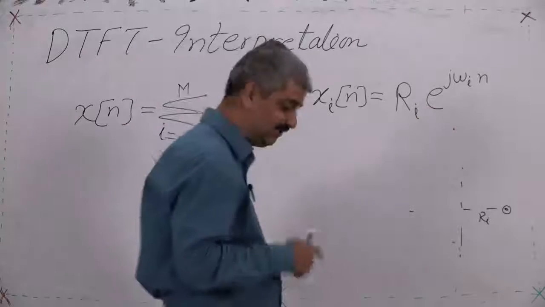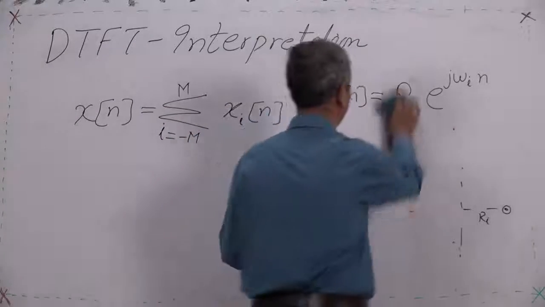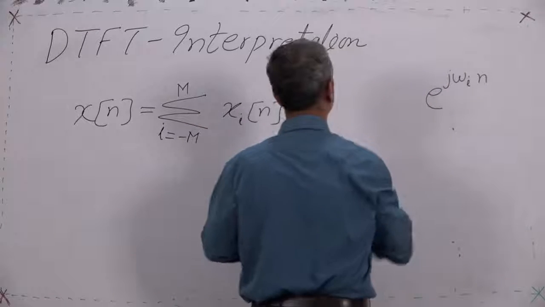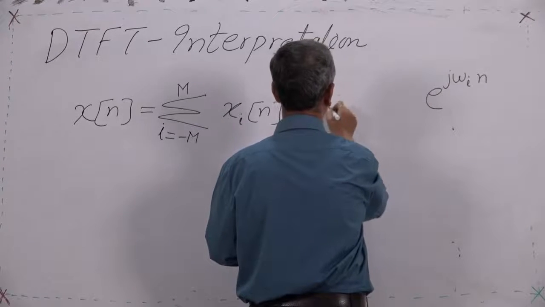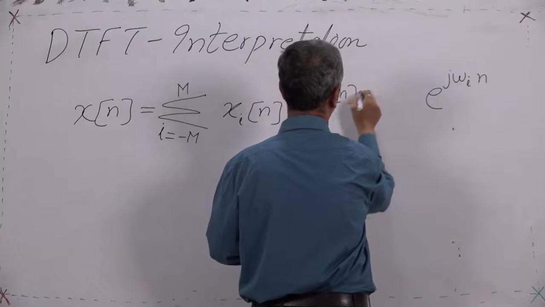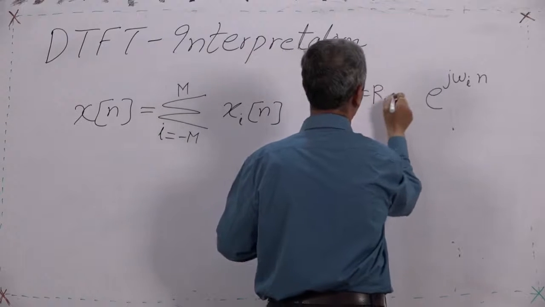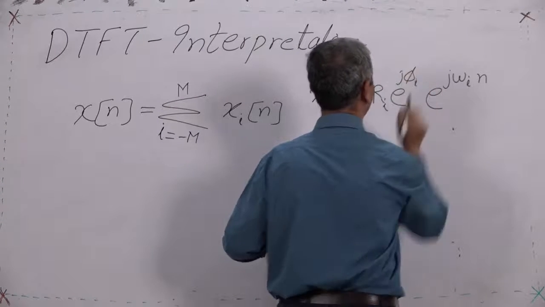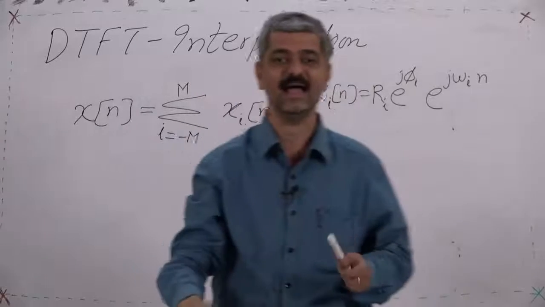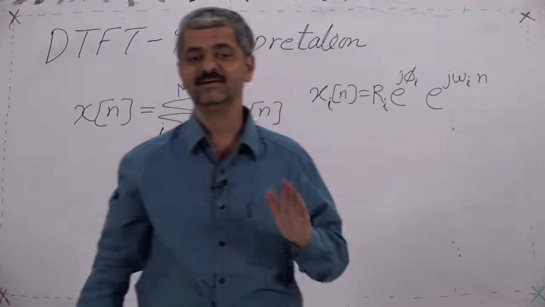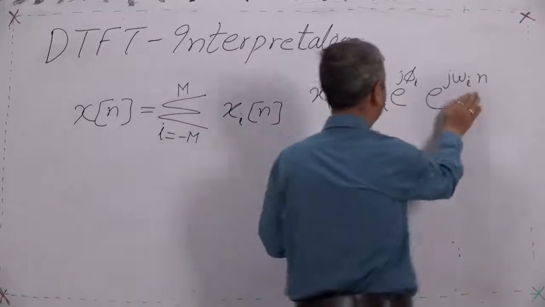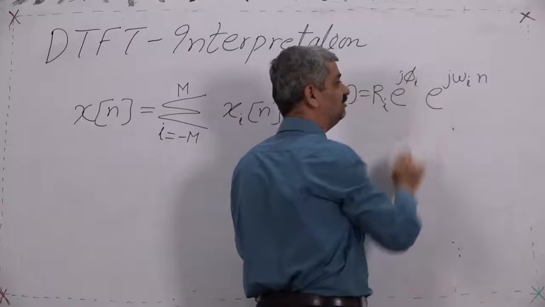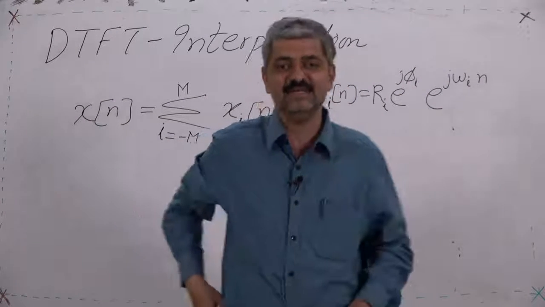So what I will say, listen very carefully: Ri e raised to j phi I. What does e raised to j phi I mean? This is 1, this is Ri, and this e raised to j phi I will give the initial position, that is at n equal to 0.